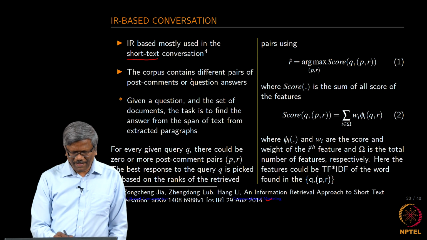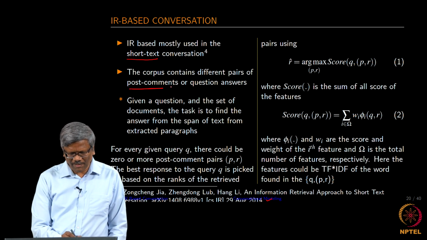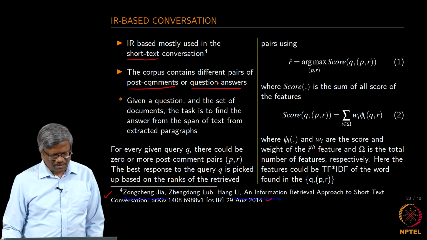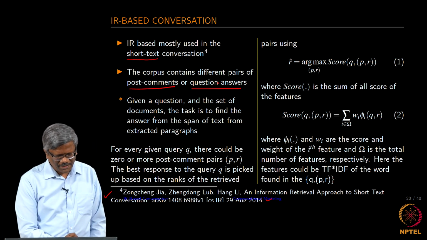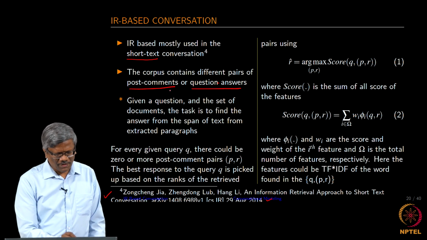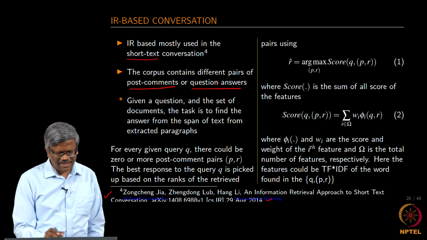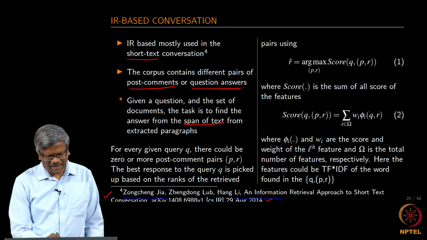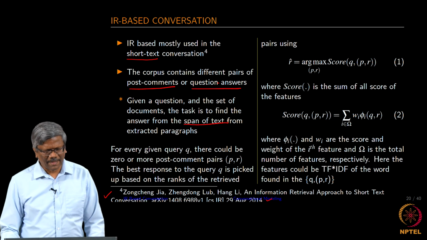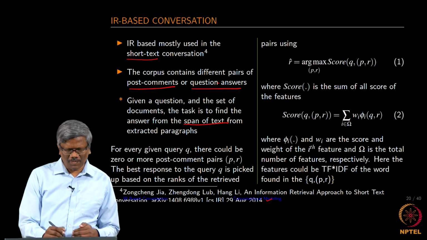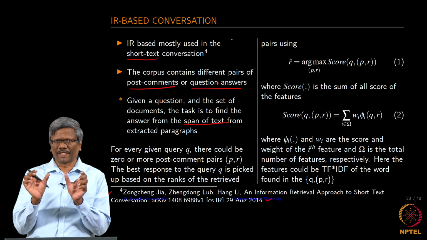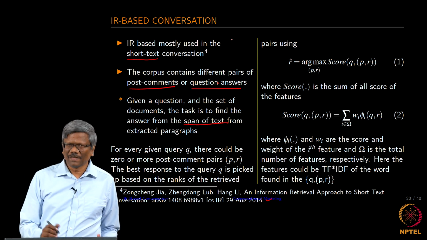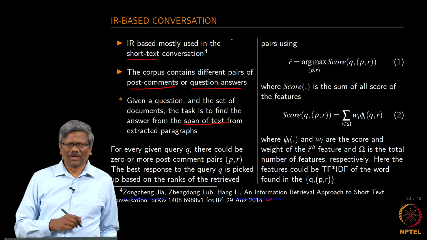The corpus contains different pairs of post comments or question answers. Given a question and the set of documents where you would find the post comments pair or question answers pair, the task is to find the answer from a span of text from the extracted paragraph. Okay. So, if you look at the IR model, based on the query that you have, using many of the approaches followed in information retrieval, you get the list of documents, correct.